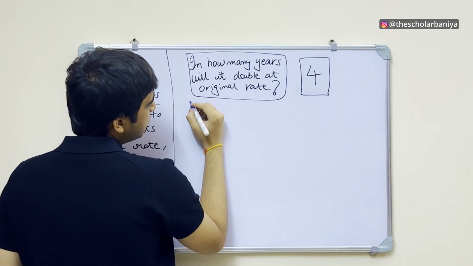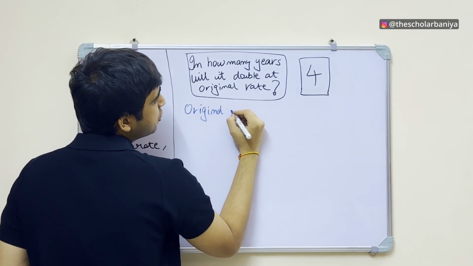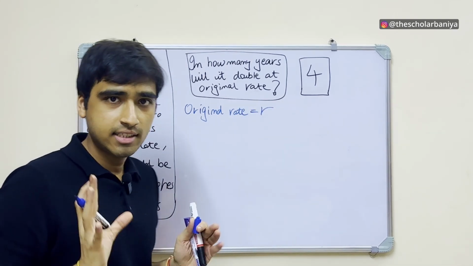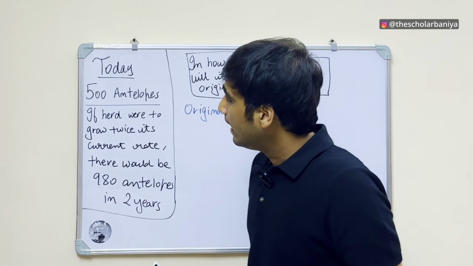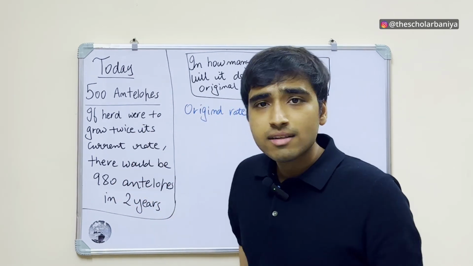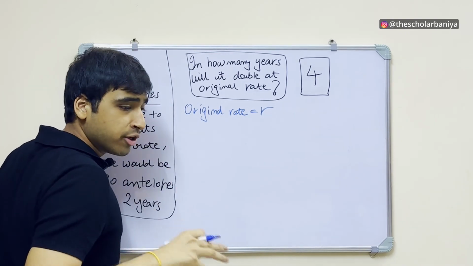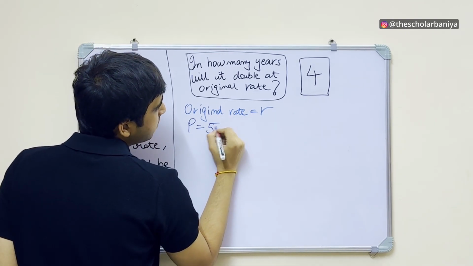So let's assume that the original rate is equal to r. Let's suppose the original rate is r, right? Now what the question is saying is that today there are 500 antelopes, right? What does today mean? Original current rate. So that means P is equal to 500.